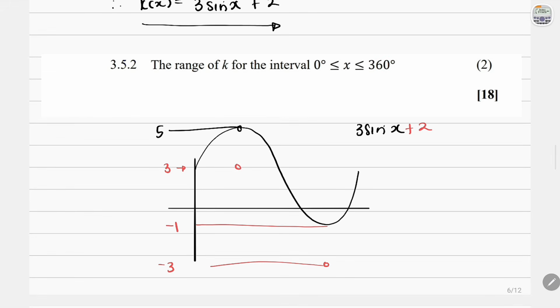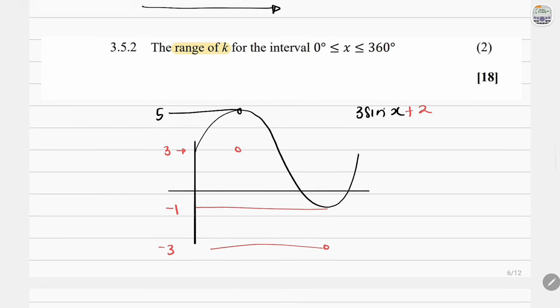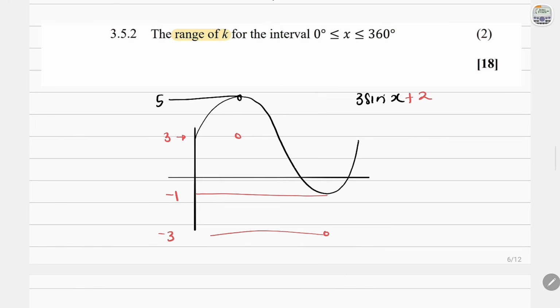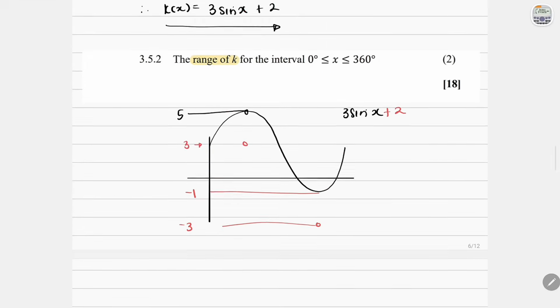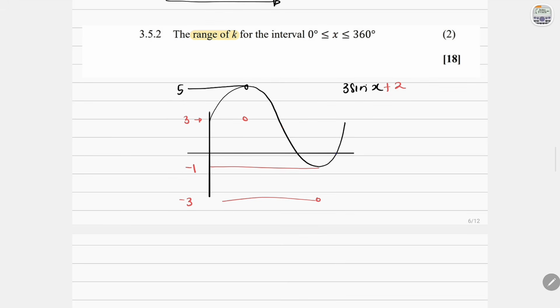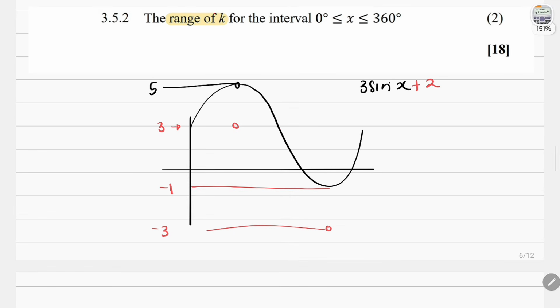So the question is, we need to tell them the range of this graph, the range of k. Remember, we spoke about the range being all the possible y values in this exam paper, in the function section when we were referring to the exponential function. So thinking about the range, all the y values that this graph has. Here's the y-axis. Look at all the y values it has.